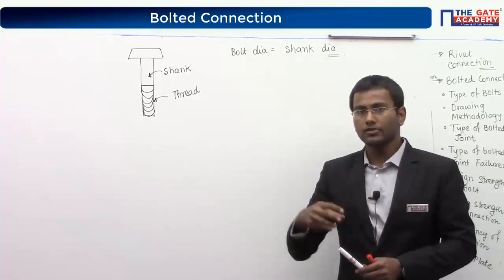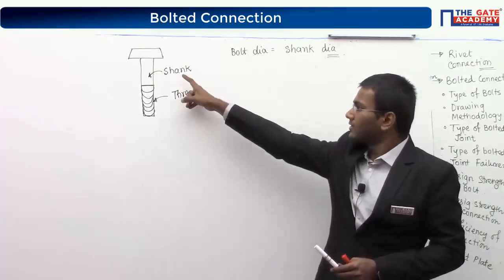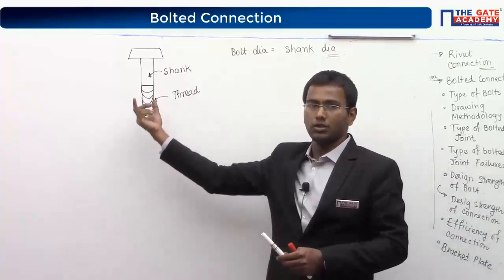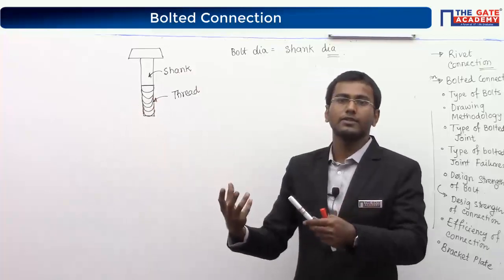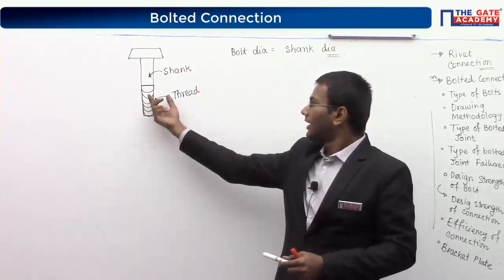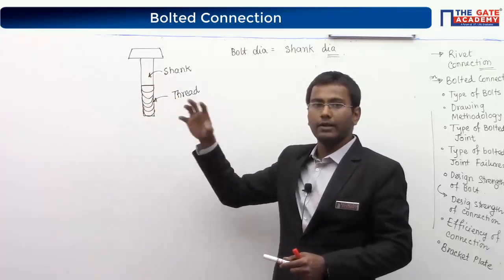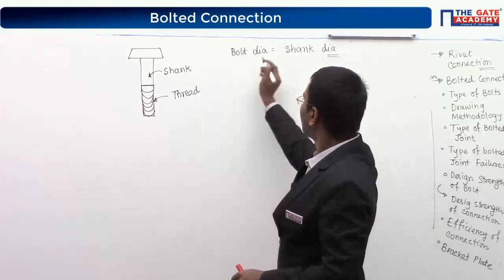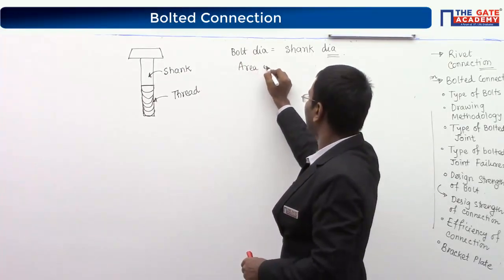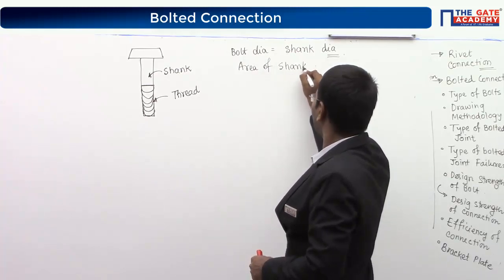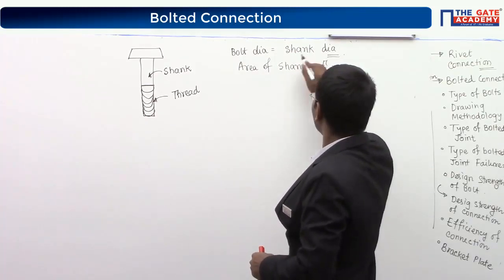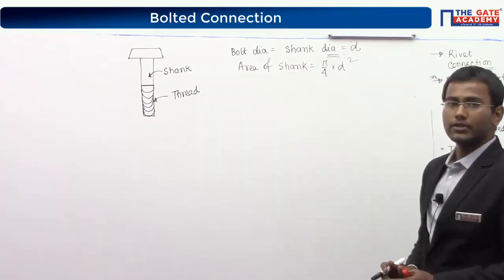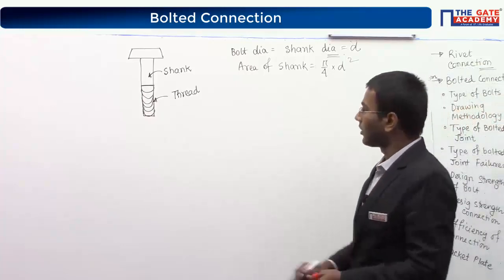Now shank diameter means this portion, the entire polished portion, the shank part totally polished, but the thread part is not totally polished or totally solid. So can I say the shank part and thread part will have different areas. The area of the shank is nothing but pi by 4 into d square, where d is the shank diameter. But what about the thread?